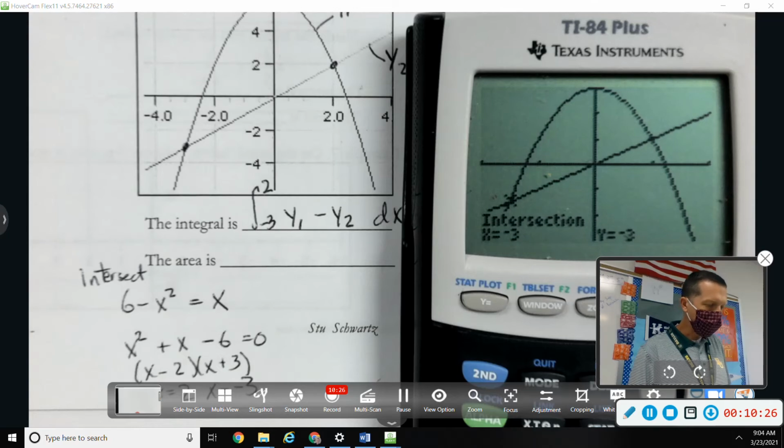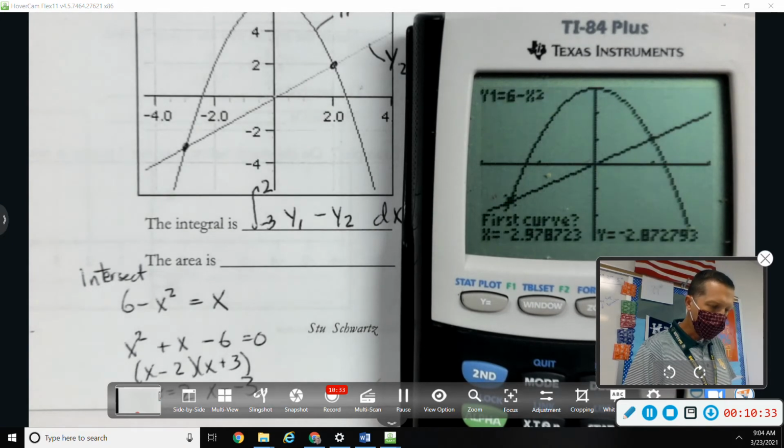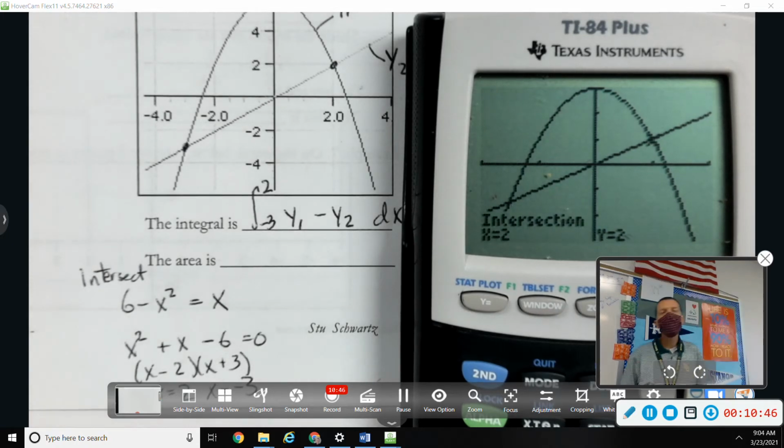And we get -3. I mean, we knew that one already, but again, for harder problems. Second calc, intersect, first curve, second curve. Guess. I want to go get closer to the other one now. So you can, again, for crazier functions, you'll have to do this if they don't work out nice.